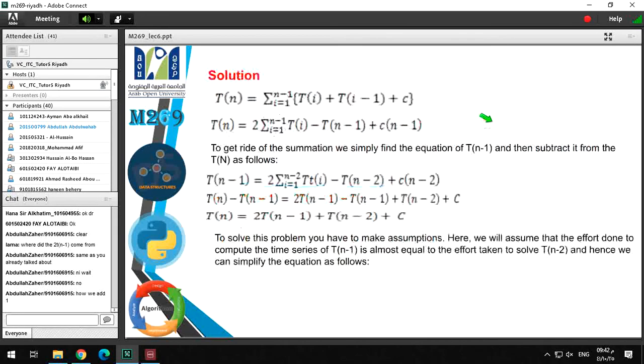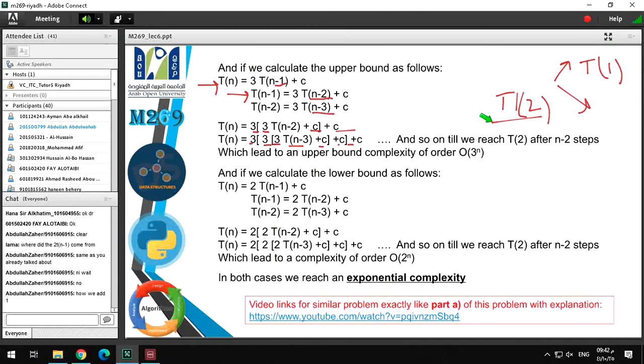So the last operation will be applied on t2, right? So after n minus 2 steps, you will have this complexity, O of 3 to the power n. Why? Because it is repeated 3 times. Every time it is 3 to the power n.